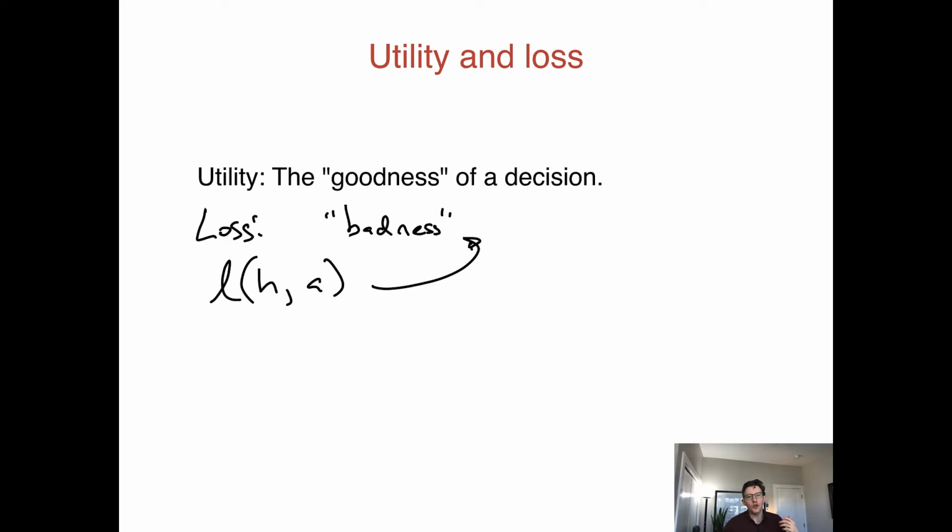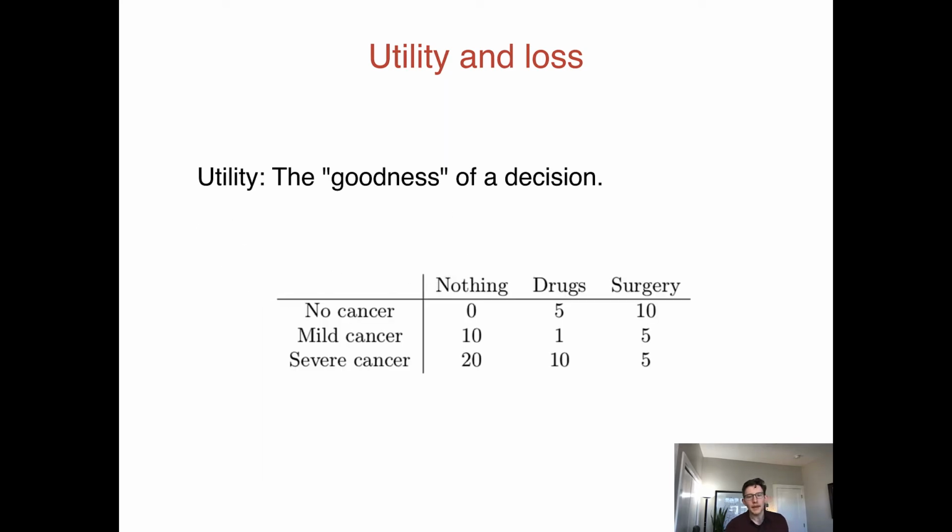And the loss could just be positive when you make the wrong prediction, negative or 0 when you make the right prediction, or higher when you make the wrong prediction than when you make the right prediction more generally. But it could have a complex relationship with whether or not you make the right decision.